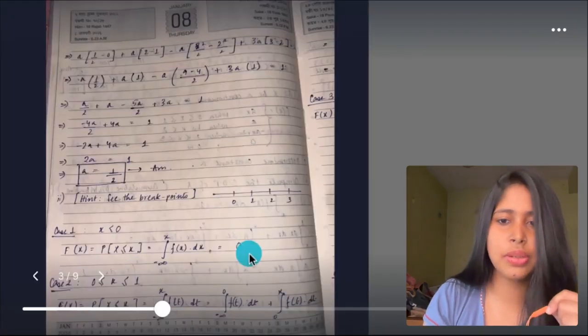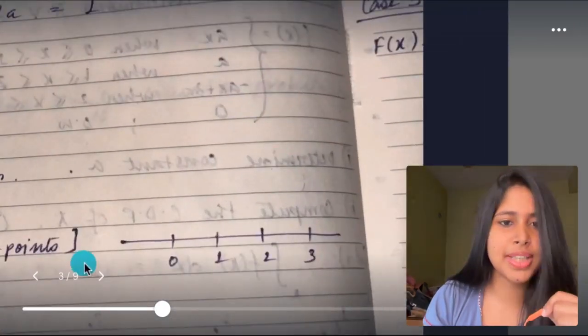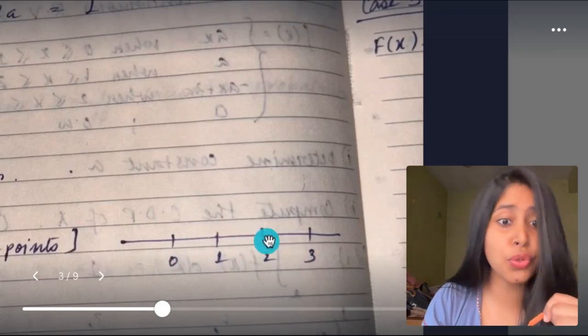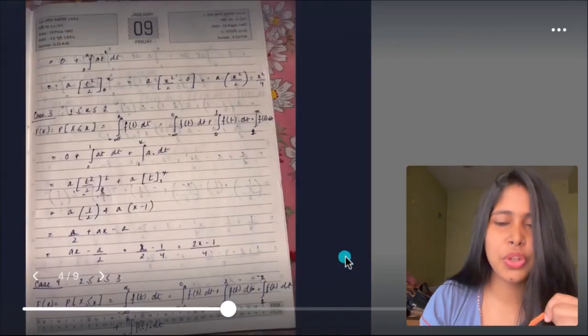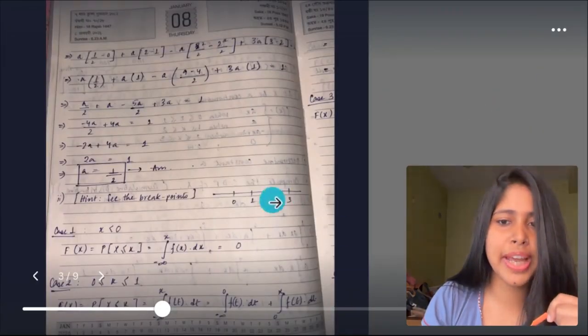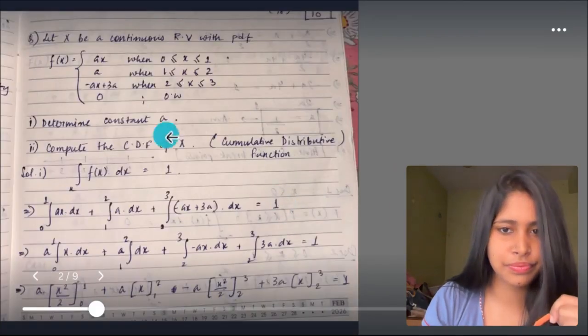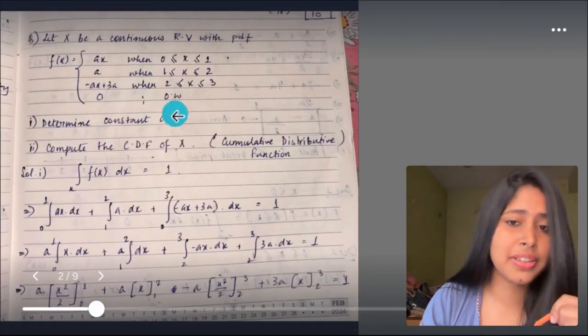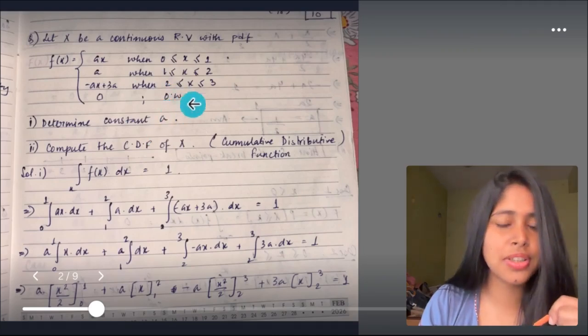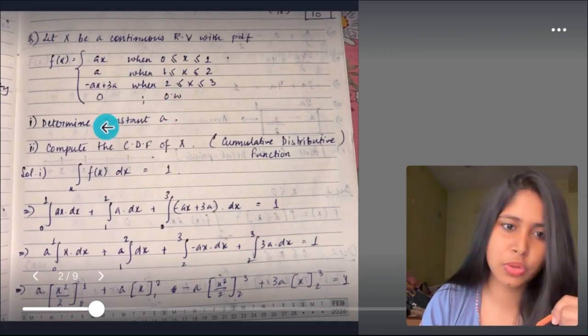You will integrate it piece by piece: minus infinity to 0, then 0 to 1, then 1 to 2, then 2 to 3, and then 3 to x. But do you see any value of x here which is greater than 3? No, right? So this falls in the category of otherwise, so the value will be 0.